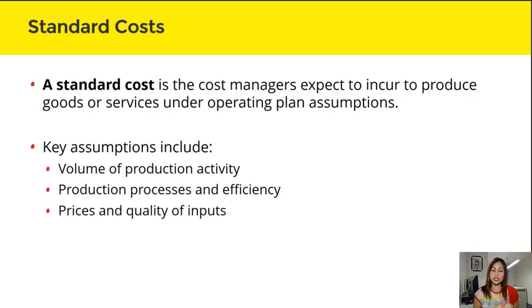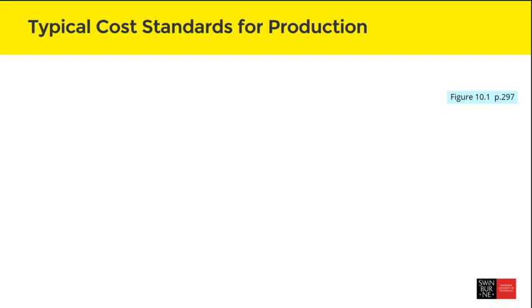So all the resources, including direct materials, direct labor, and all the overhead resources, in addition to the direct cost categories that you will need to manufacture your product or to provide services to your customers.